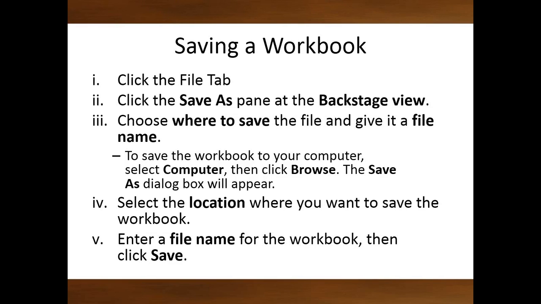The steps for saving a workbook are given to us as follows. 1. Click the File tab. 2. Click Save As at the backstage view. 3. Choose where to save the file and give it a file name.